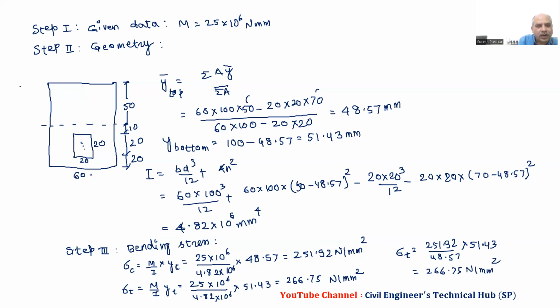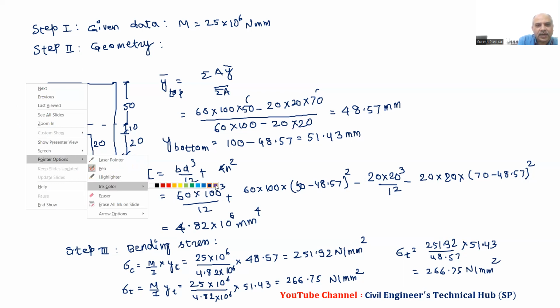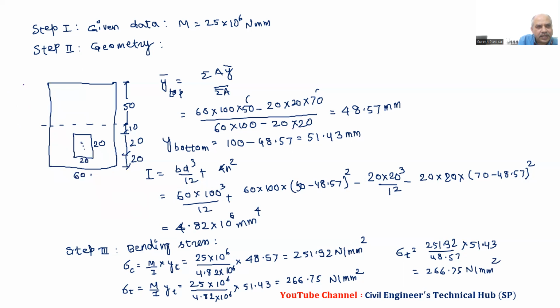And now if we will plot this diagram, then we will have this diagram. Again, I already mentioned it. Our diagram will remain two triangles. So we will have it like this. Now this distance we have 48.57.